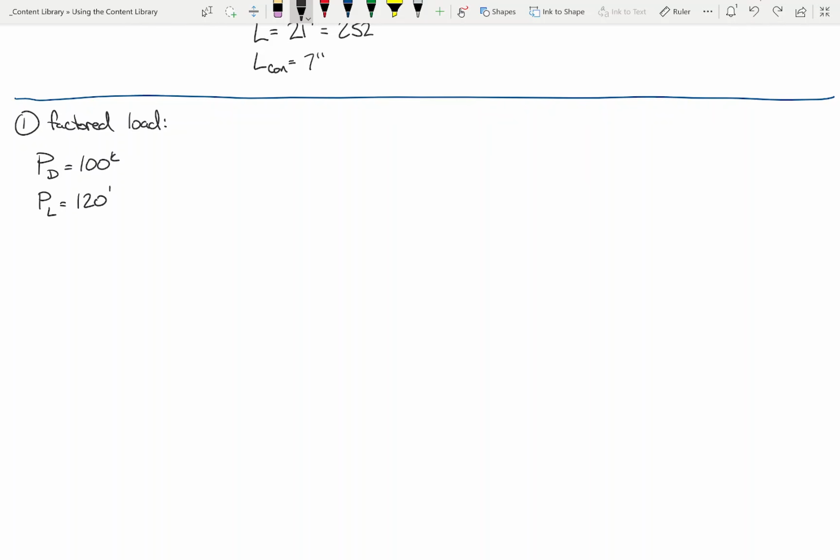So what we'll do is we'll evaluate LC1, which I think I can do in my head, and LC2.